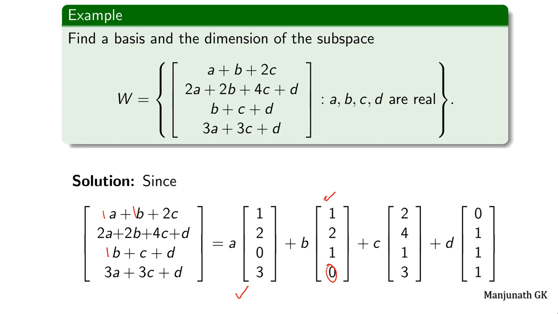What about c? It is 2, 4, 1, 3. That is written here. Then the d component, 0 times d, next is 1, 1, 1. Alright, the given equation can also be written in this form in terms of free variables.